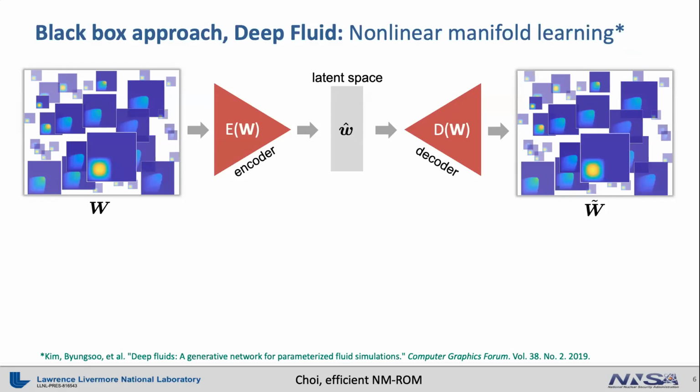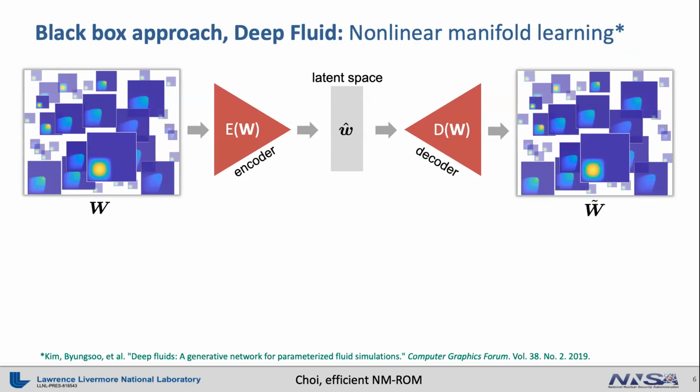In the autoencoder, the encoder compresses the input data to a latent space, or a reduced dimensional space, and the decoder decompresses the latent space data to obtain an approximate full state solution. The overall autoencoder parameters are trained by minimizing the difference between the input and approximated data.